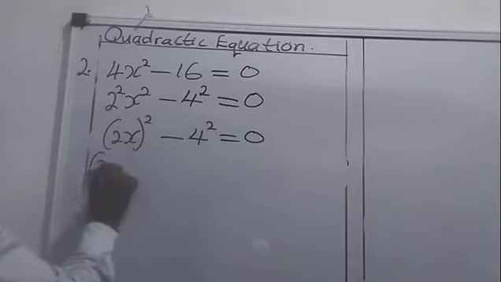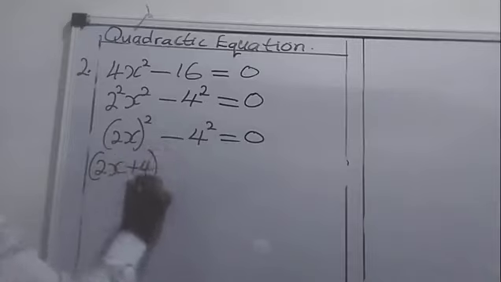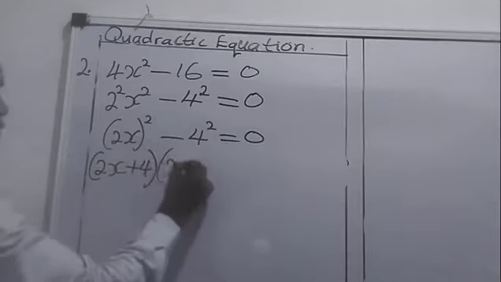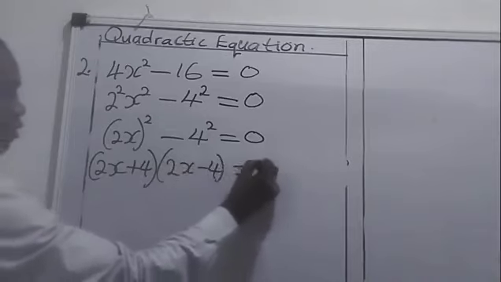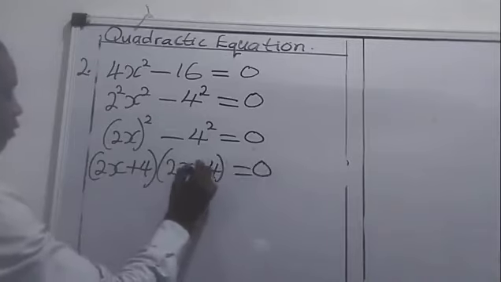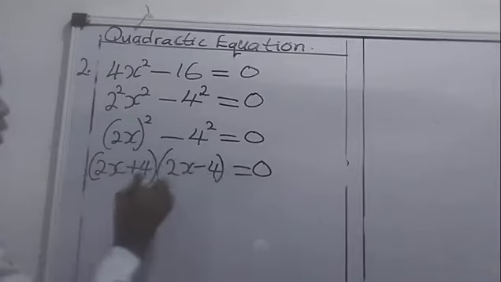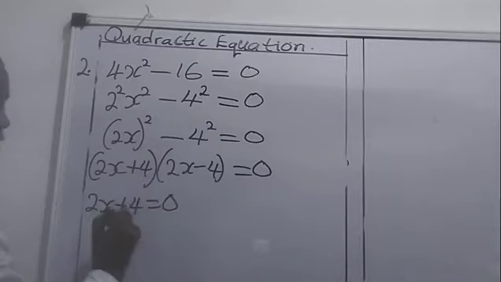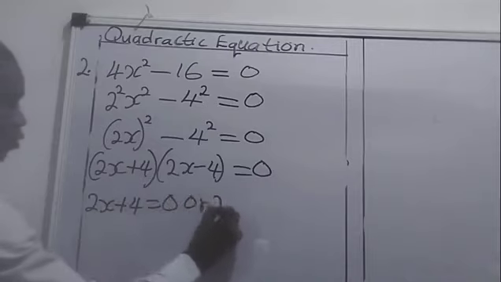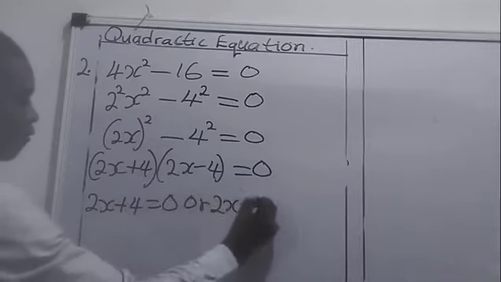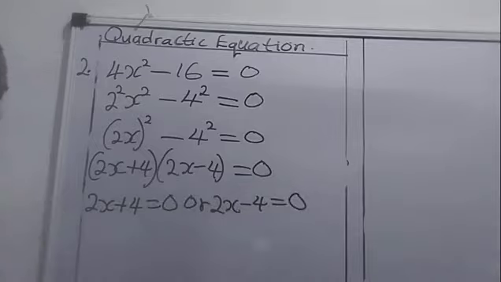So we have 2x plus 4 and then 2x minus 4 all equal to 0. From here, we equate each of them to 0. It's either 2x plus 4 is equal to 0 or 2x minus 4 is equal to 0.